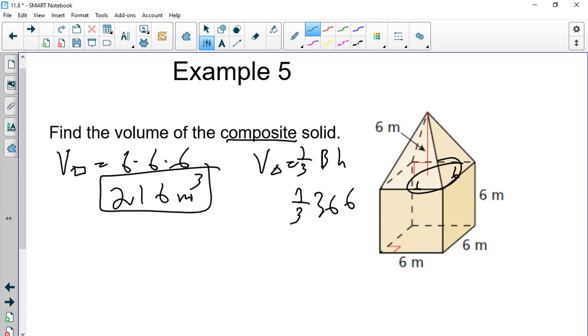You can do this in your head if you want: 1/3 of 36, or easier, 1/3 of 6 is 2, times 36 is 72 cubic meters. That is the volume of the pyramid on top. If we add those two together, we get 288 cubic meters.